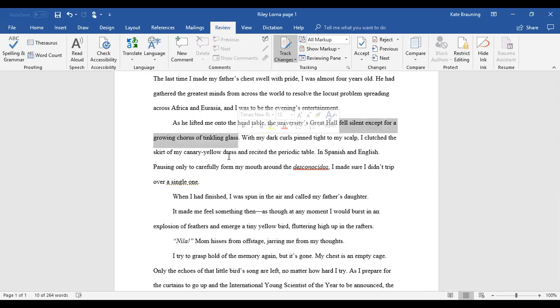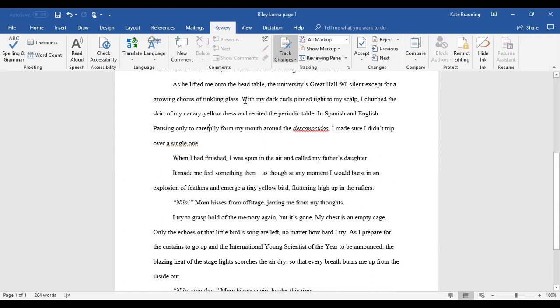I think there's a table, they're in a great hall. I'm not entirely sure, but also it's not entirely relevant. I didn't realize until now that I didn't know whether they were eating or just talking or having a meeting, because the moment is so clearly focused on this emotional experience of hers. But yeah, things falling silent except for one other noise growing is a little at odds for me.